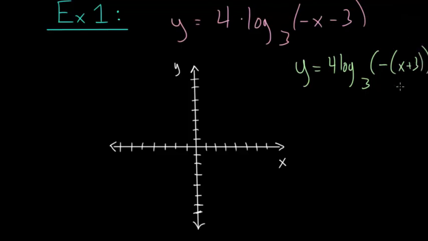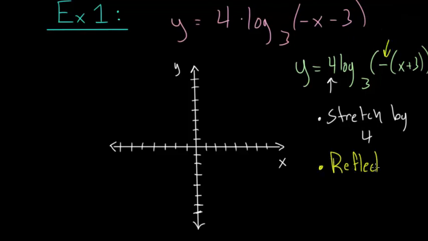Once we write it like this, it's more clear what all the transformations are going to do. Let's start with this 4. That's going to stretch by a factor of 4. Then on the inside, we have this negative, so that is going to reflect. But since it's on the inside, part of the input, it's going to reflect across the y-axis.